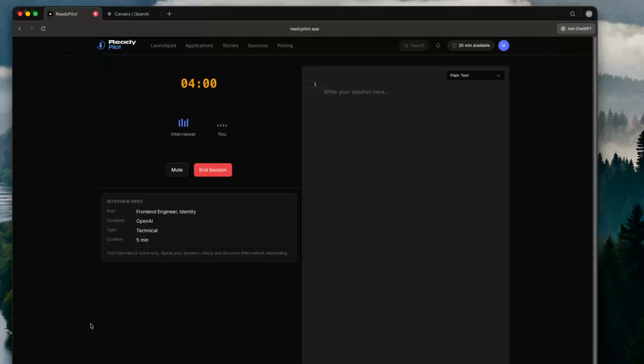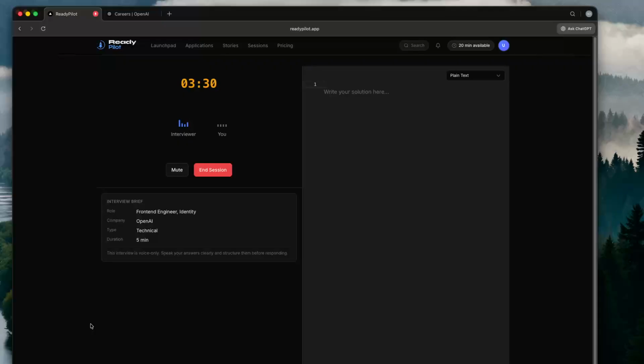OAuth 2.0 is primarily for authorization, delegating limited access to resources. OpenID Connect builds on top of OAuth 2.0 and adds authentication, providing identity information. Can you now explain the specific flows involved in OpenID Connect and how they extend OAuth 2.0? Actually, no. I have no idea about OAuth and OpenID. So please ask me a different question.